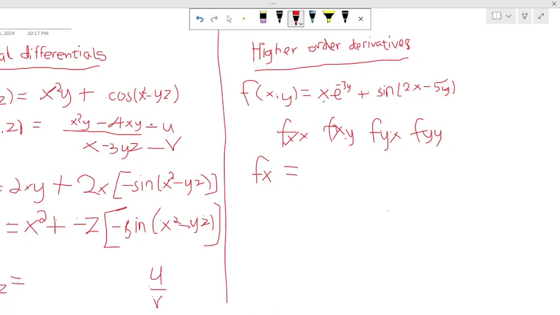Differentiating x we get 1, multiplying by this we get e exponent negative 3y.